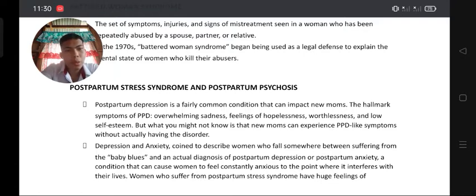Postpartum stress syndrome is a term coined to describe women who fall somewhere between suffering from the baby blues and an actual diagnosis of postpartum depression or postpartum anxiety, a condition that can cause women to feel constantly anxious to the point where it interferes with their lives.